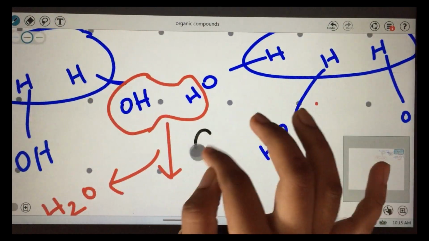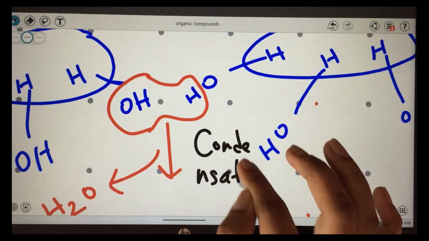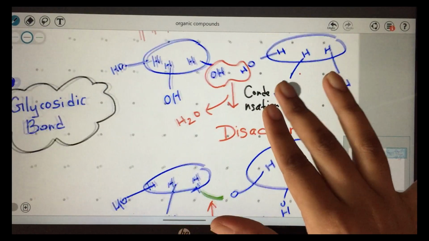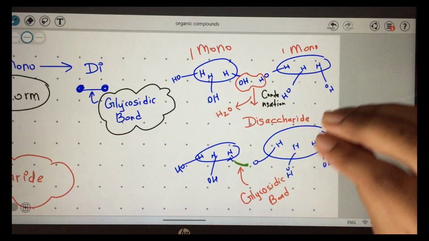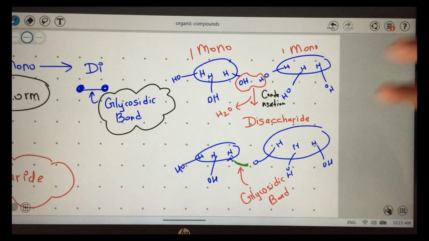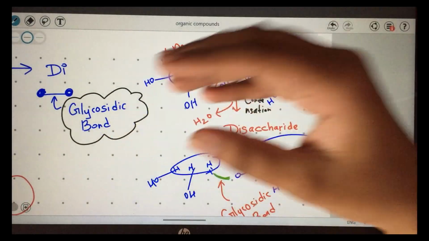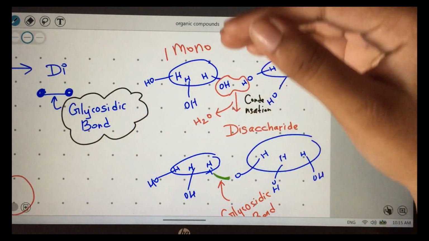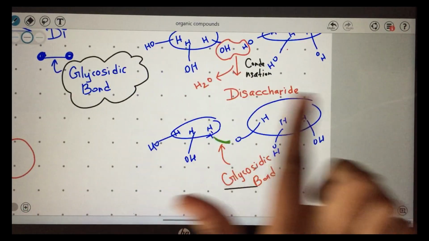You call that condensation. When you remove water, you call it condensation. When you add water, you call it hydrolysis. So when you remove the water, that's condensation, and that is when that bond is formed. As a result, you get this disaccharide molecule.